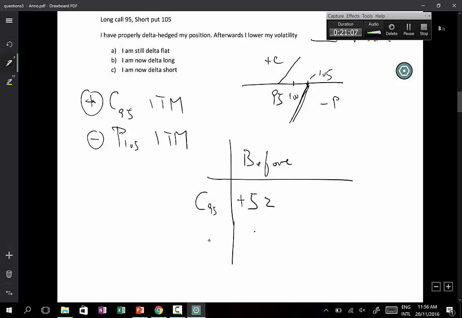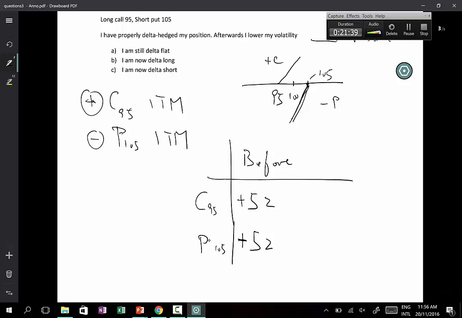Okay, now if you are long the put, now this put is also in the money, so it would also have a delta somewhere around 50. Let's just say 52. Okay, but if you are long a put, it will be a negative delta, but because you are short the put, the delta would be positive.